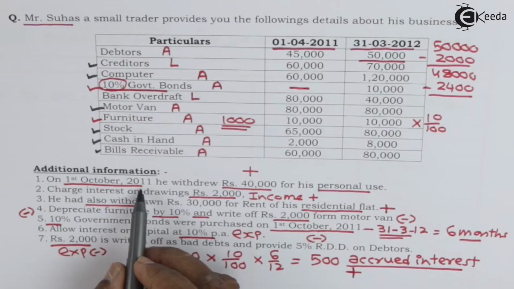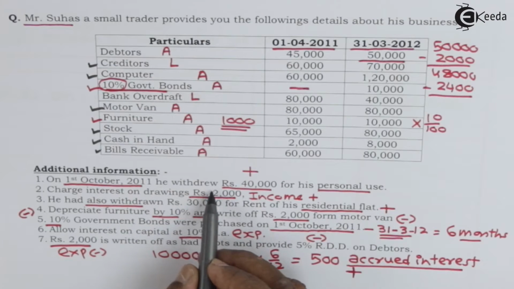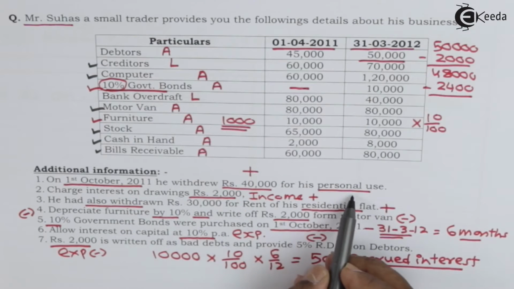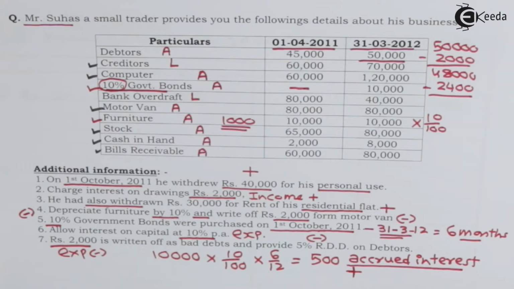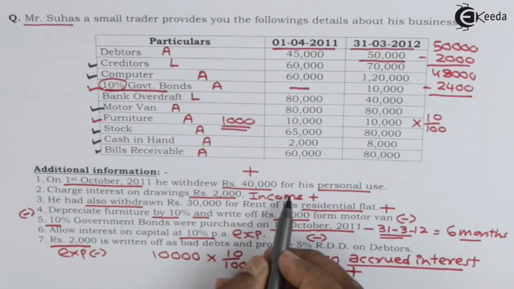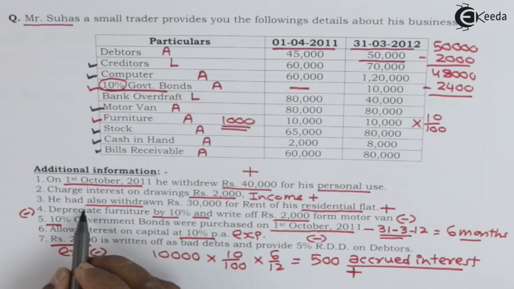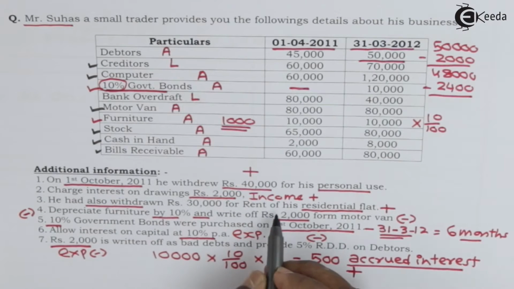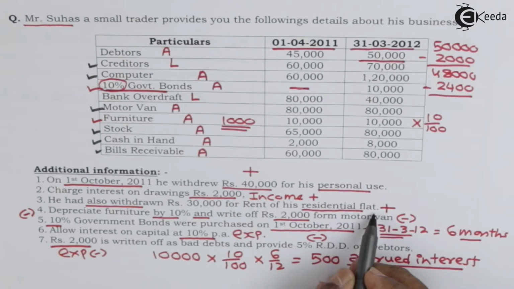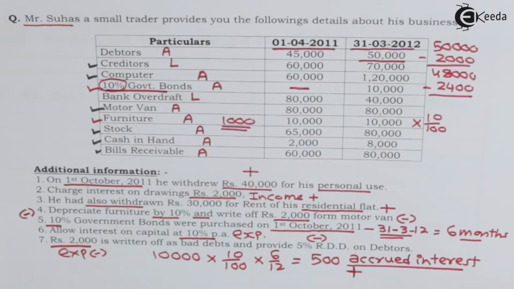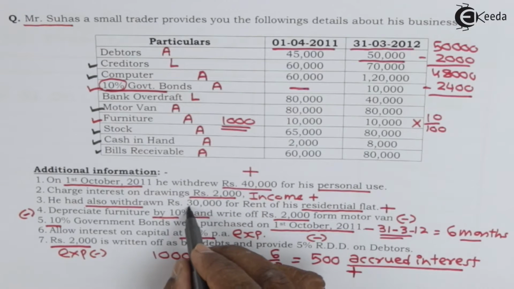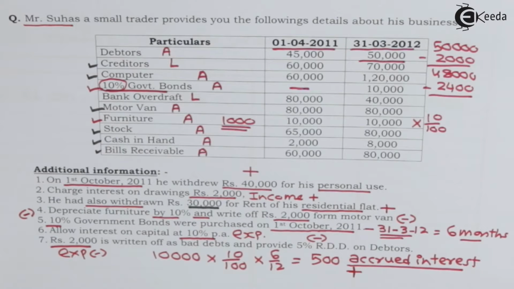On 1st October 2011, he withdrew 40,000 for personal use. This is one information of drawings, cash drawings. The third adjustment says he had also withdrawn 30,000 for rent of his residential flat. One more drawings, 30,000. This will also be added.